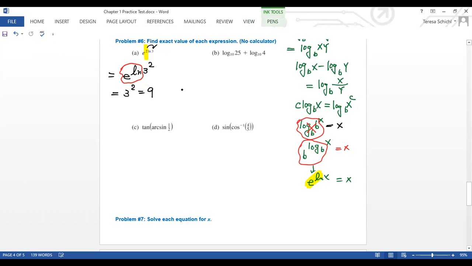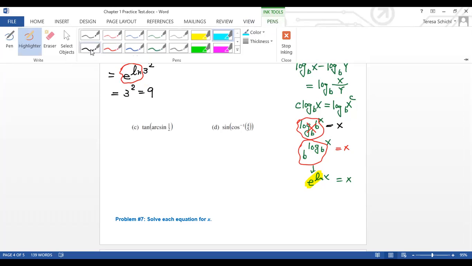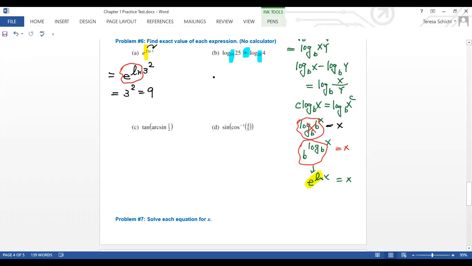Okay, so now let's take a look at part B. They have the same base, 10, and they add. Remember the first property: it will be equal to the log base 10 of 25 times 4. So what is 25 times 4? It's 100, right?